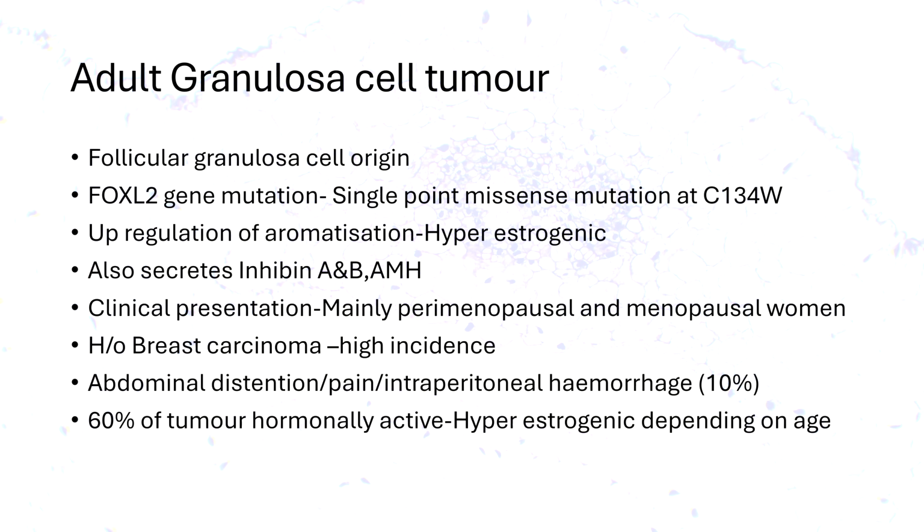In adult granulosa cell tumor, there is a genetic mutation involving the gene for FOXL2. It's a single point missense mutation at C134W. The FOXL2 gene is active in proliferation, cell death, and tumorigenesis.